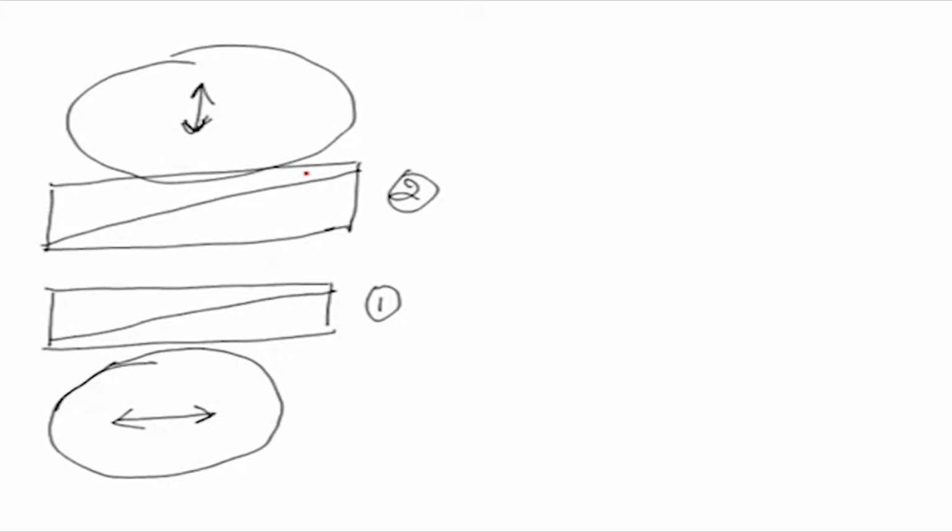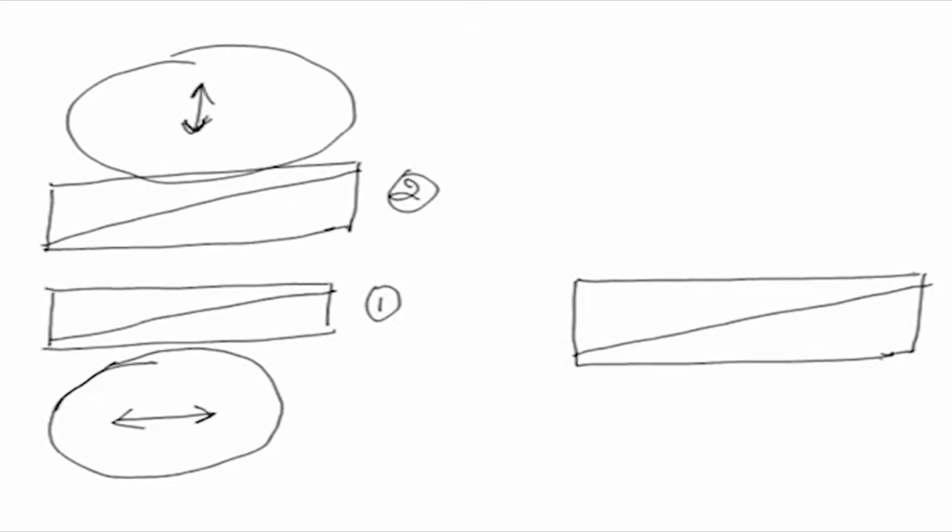Now let us see how DIC microscopy works. Consider the first prism, the one just above the condenser lens. First, the light has to be polarized.